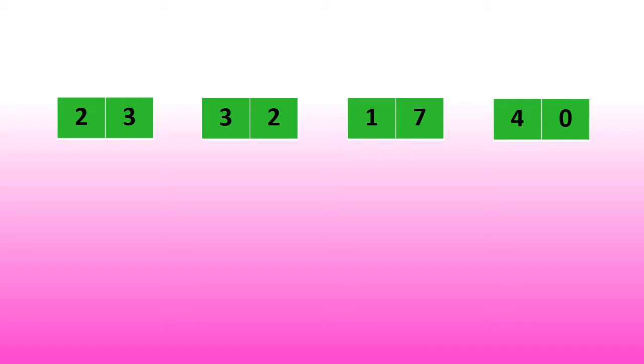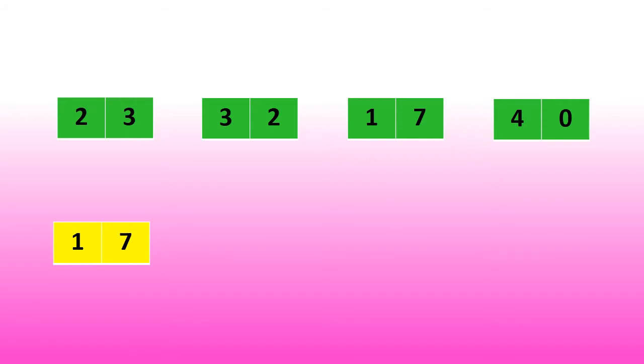So now, let's see. We know that the number 23 has 2 tens, the number 32 has 3 tens, the number 17 has 1 ten and the number 40 has 4 tens. So we can see that the number 17 with 1 ten is the smallest number. Hence, it will come first.